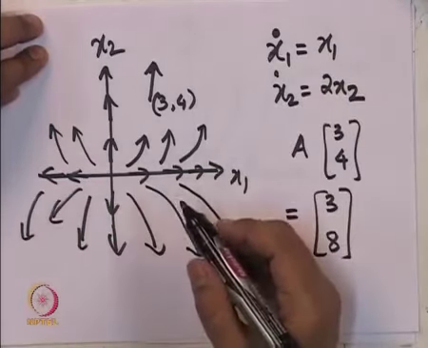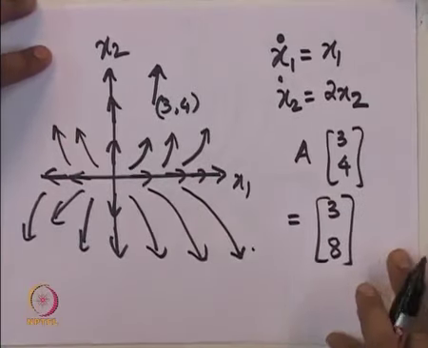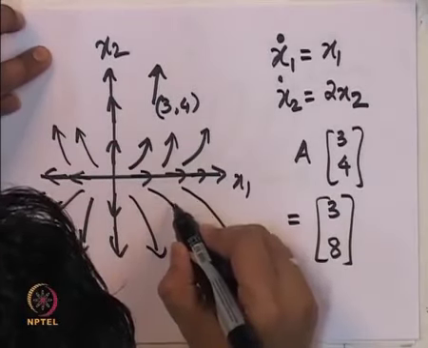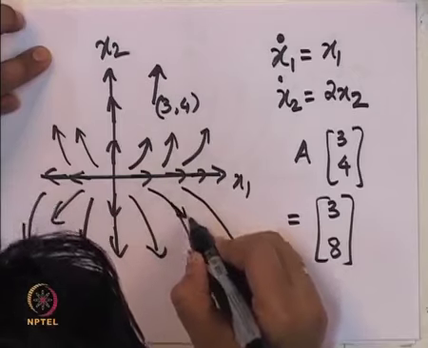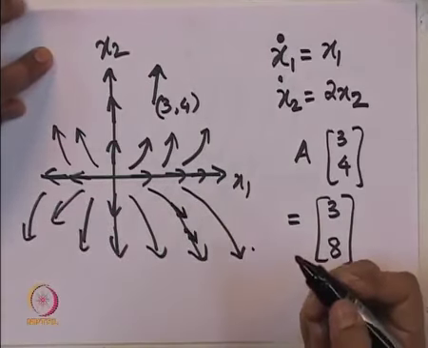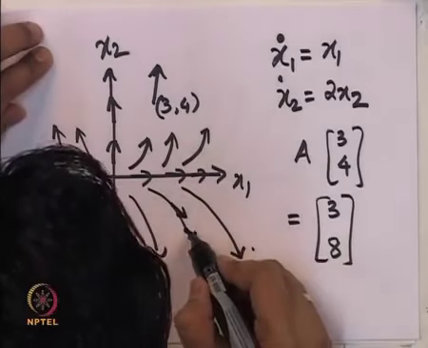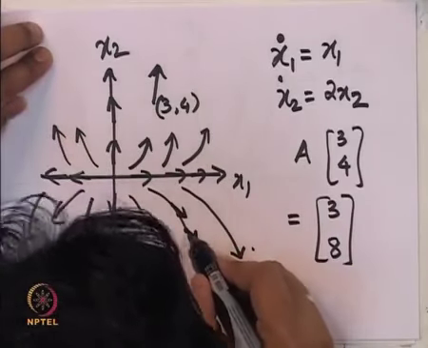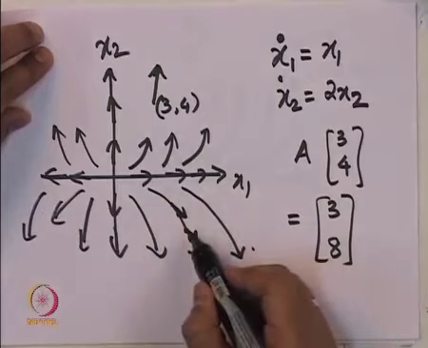So, what is a trajectory? Let us make note of an important property here. A trajectory is a curve such that at each point when we draw the tangent to this curve, we get an arrow, and that arrow is precisely f of x at that point.